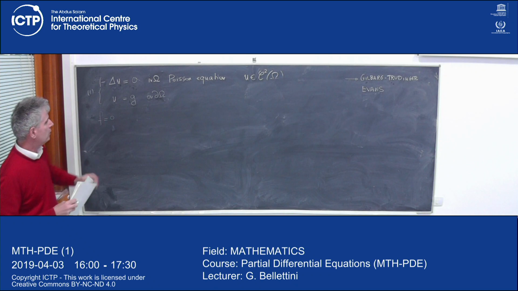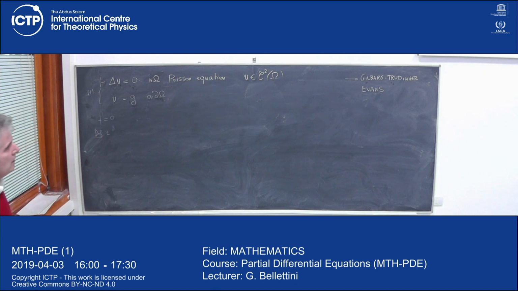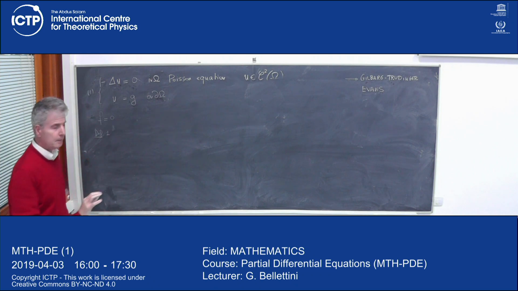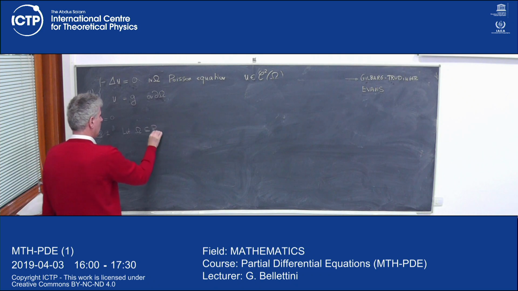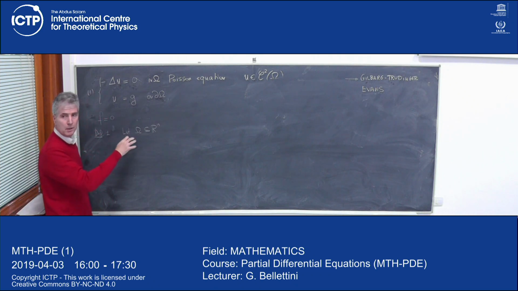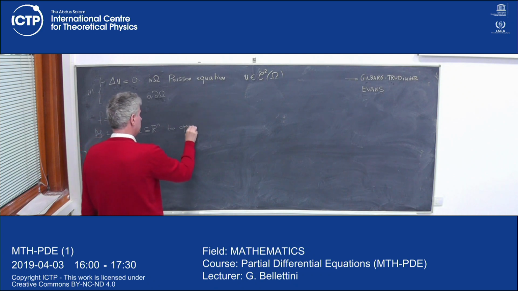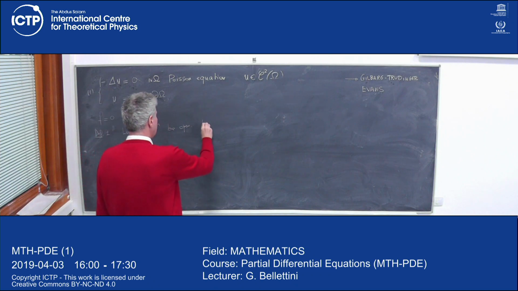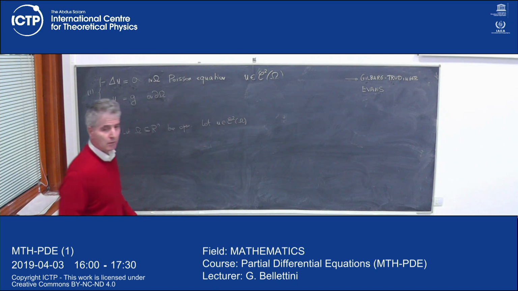Okay, so first simplification. So let me give you a definition now. So the definition is the following. From now on, say omega is an open set, which could be the whole space, could be something else. Okay, we say that U, so let U be in C2, which is here the most important assumption.